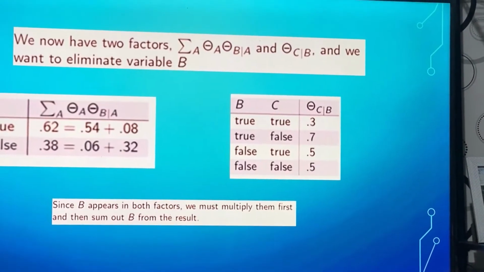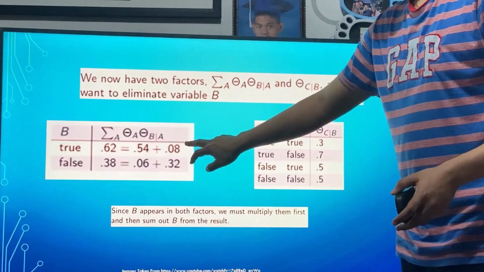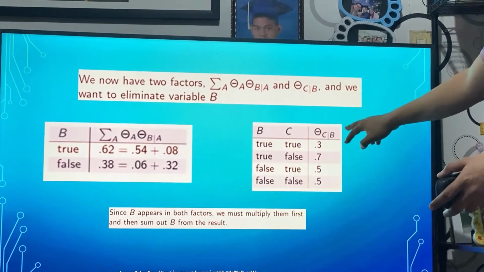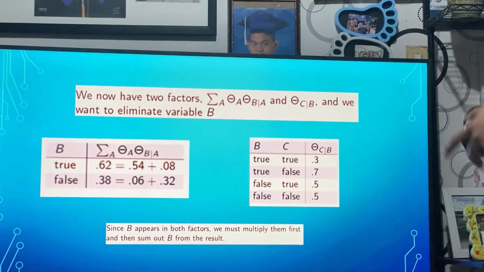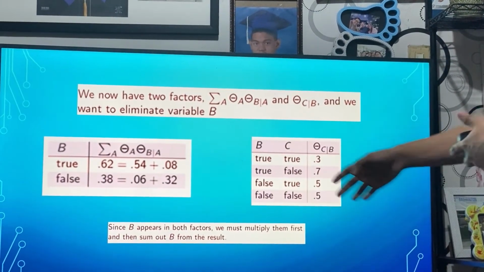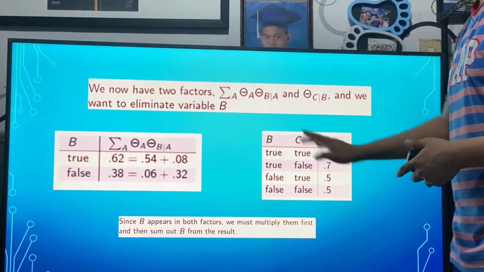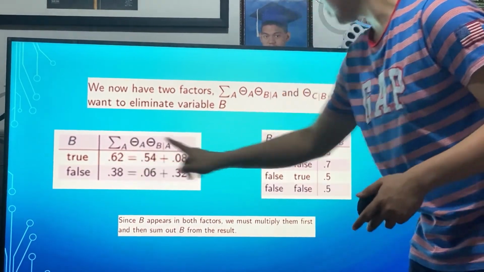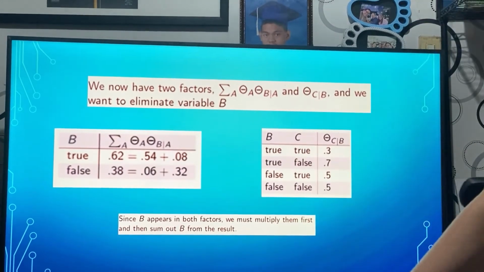So now we are left with the factor for B, derived from A and B given A, and then theta C given B. We repeat the same process. We multiply this factor to this factor to hopefully sum out B and eliminate B. So we have 0.62 true times 0.3, because B here is true.